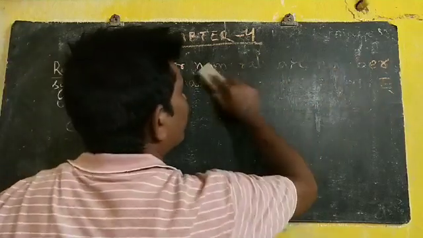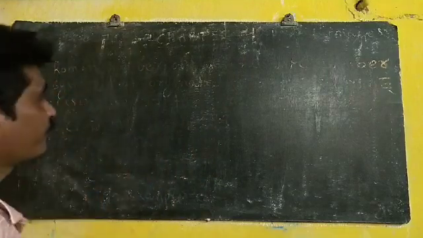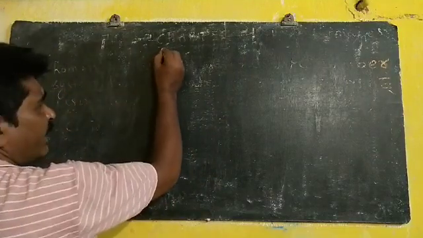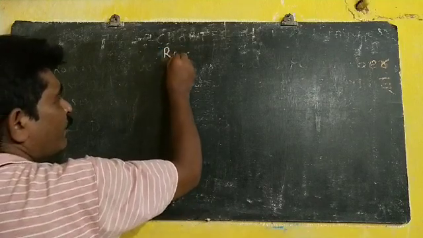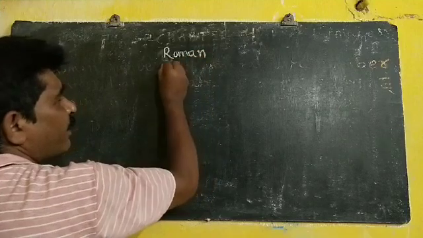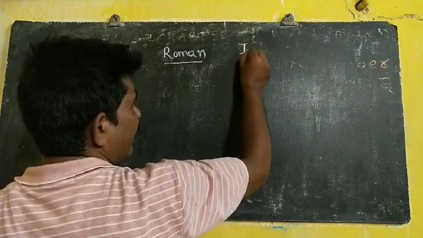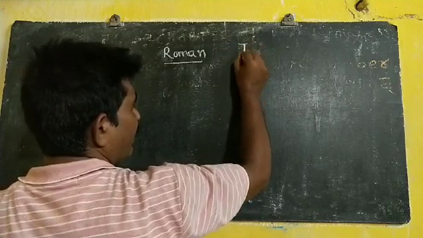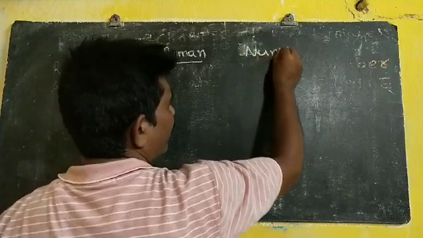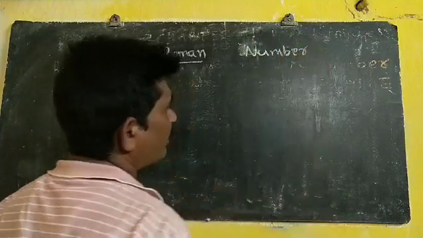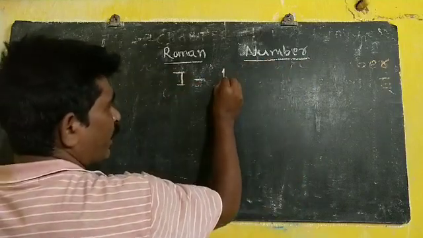Okay. Now look, I am writing I. It is Roman. It is our Indian or Hindu Arabic numeral, or Indian number system, or generally our number system, we call it the Hindu Arabic number system. Their value: I means 1.